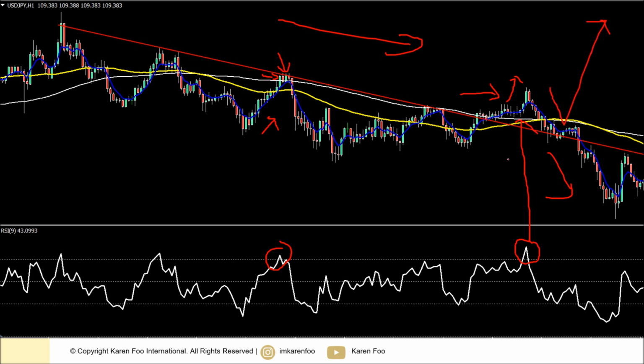Okay, it happens too. You cannot predict the market. But in this case, when the price came down, it went back below the 100 SMA and 50 SMA. So you know that this is for sure a false breakout.